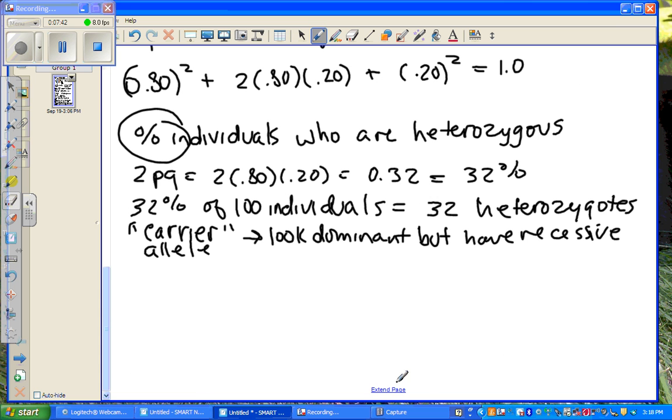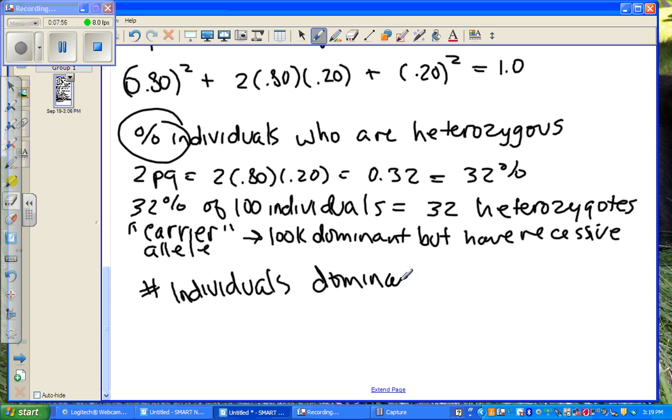What if for the same population, we wanted to know how many individuals would have the dominant phenotype? Well, in this case, we know that the definition of a dominant gene is any allele that is expressed whenever it's present. So this is going to be the sum of these two frequencies.